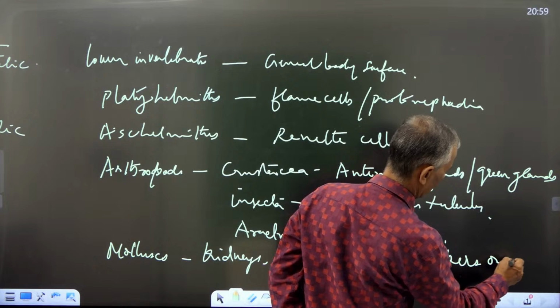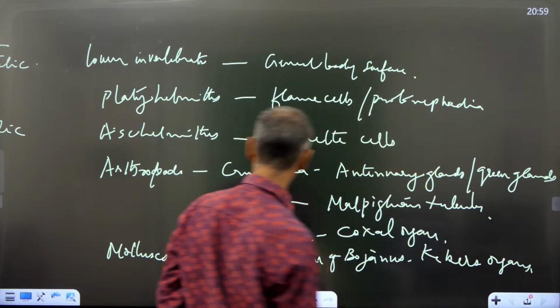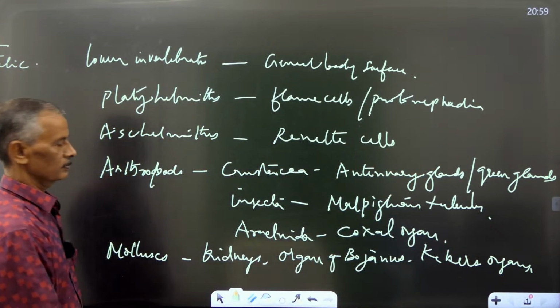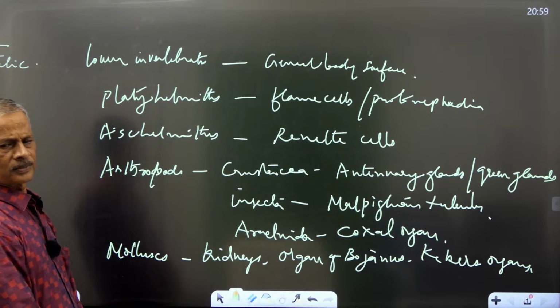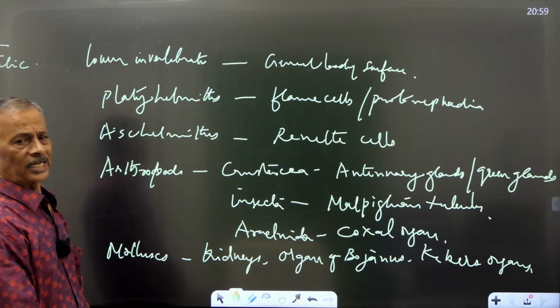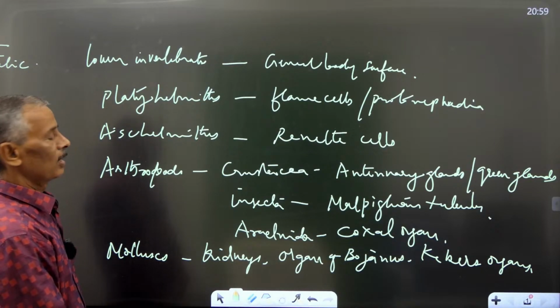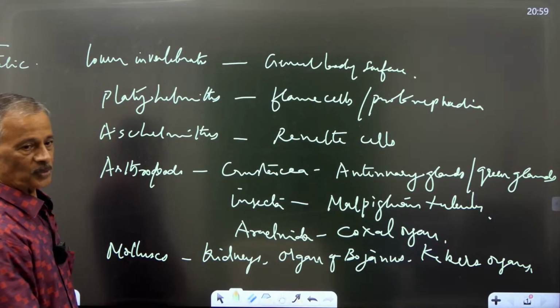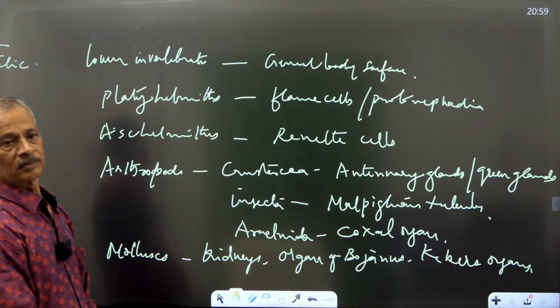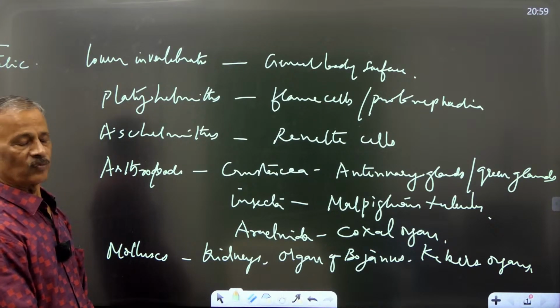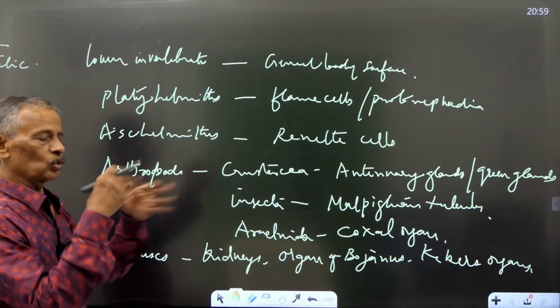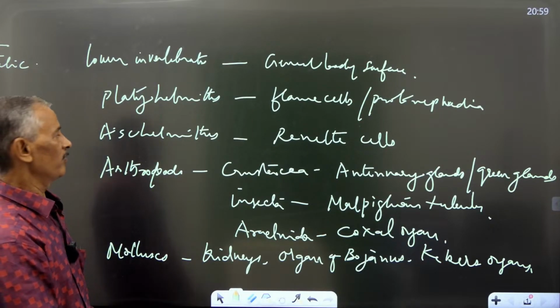Such organs are present in them. In Echinodermata, actually there is no special organ, because when water is circulated through the body, through that outgoing water, ammonia will be sent out.